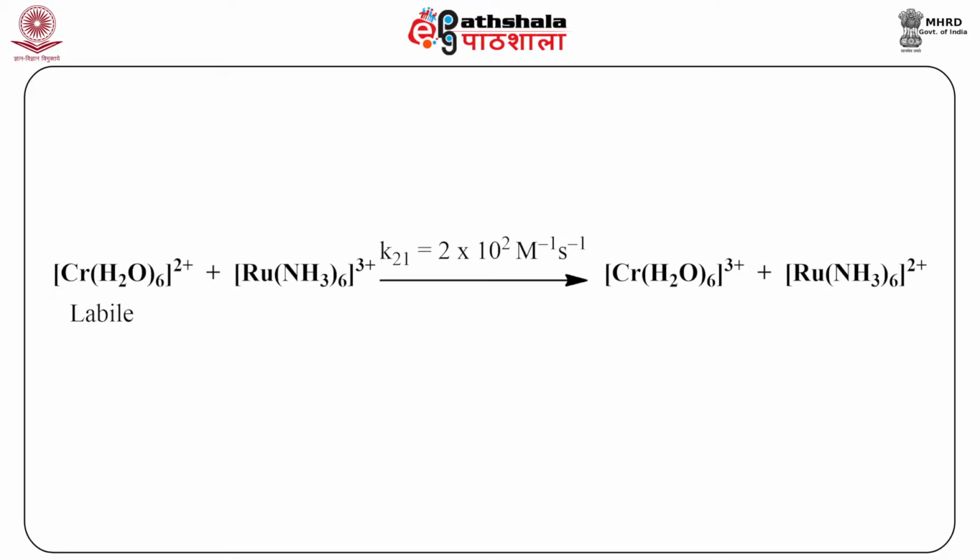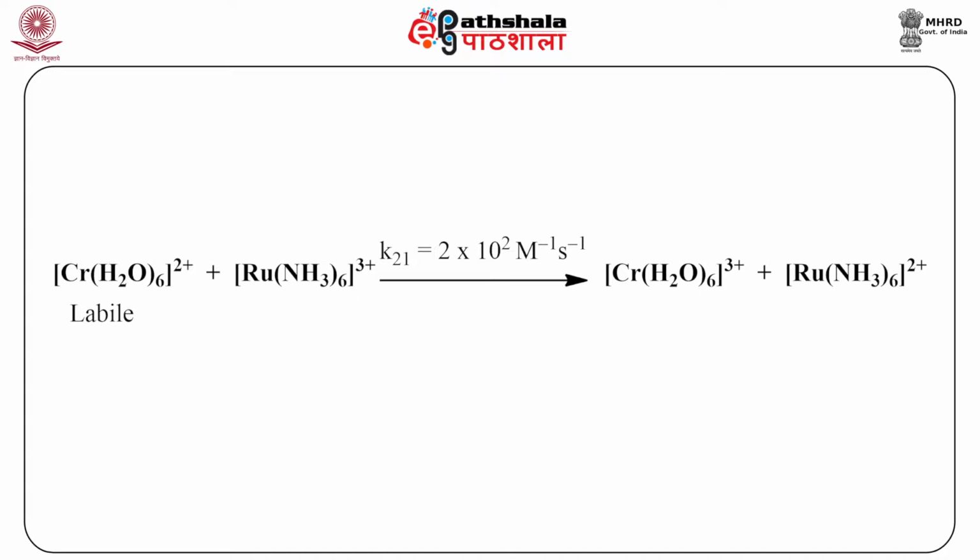So finally chromium is stabilized by converting chromium 2 to chromium 3, that is d3, and of course ruthenium 3 plus, that is d5, gets 1 electron and is converted to ruthenium 2, which is d6.